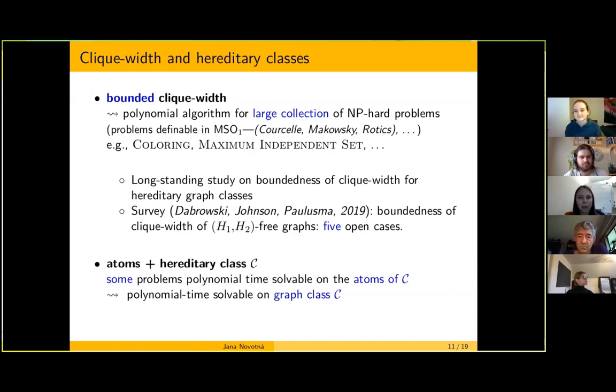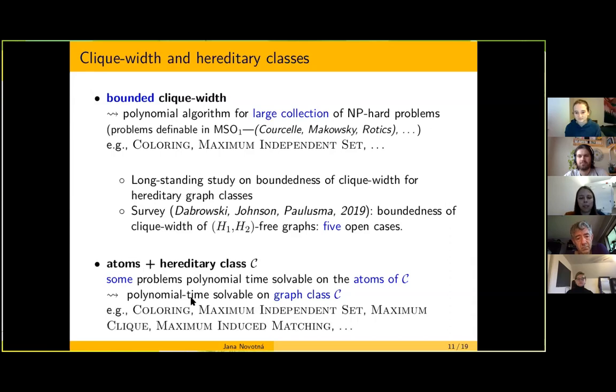If Clique-width is not bounded, we still have some tool to investigate problems simultaneously. If we work with a hereditary graph class and restrict ourselves to atoms, then there are some problems which are polynomial time solvable on the whole class if they are polynomial time solvable on atoms.